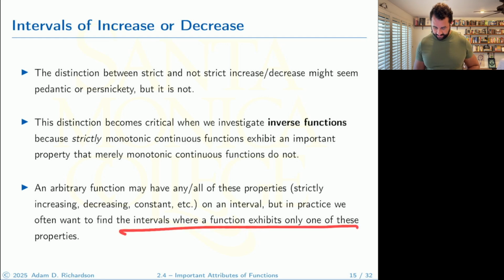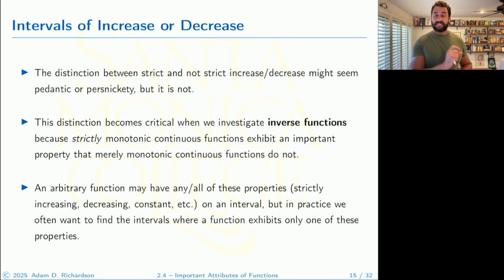So imagine you've got some crazy, funky function doing all sorts of crazy stuff. A lot of times, what you want to do is say, okay, where is it increasing? Okay, great. Now, where is it decreasing? Okay, great. Now, where is it constant? And you want to break it down into all these pieces and study the pieces separately. That's why we have all of these definitions.